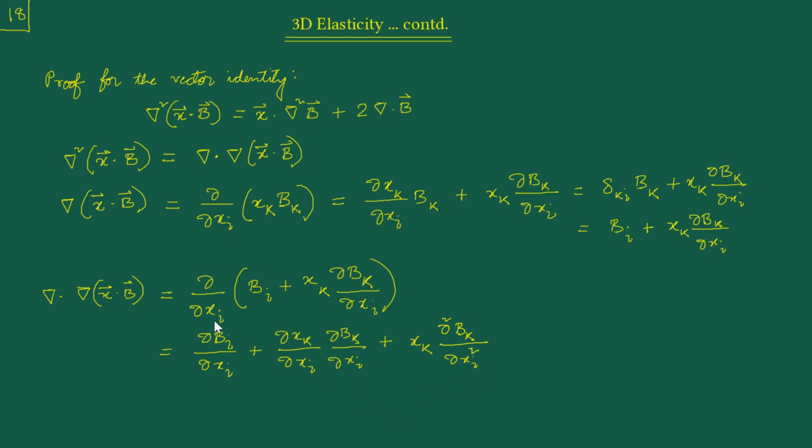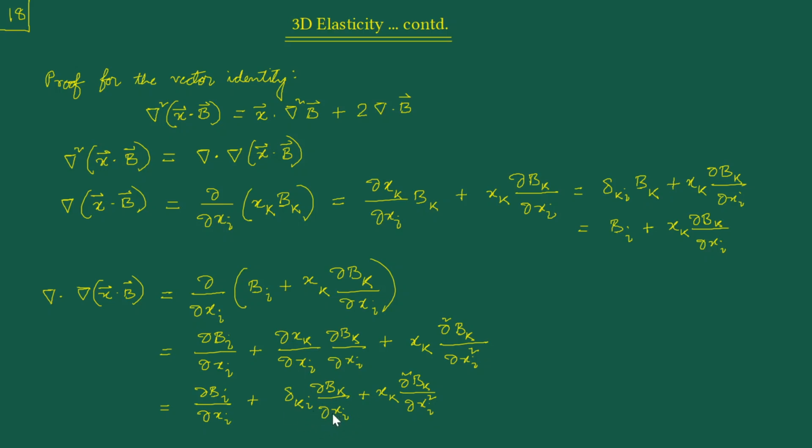Okay, so what I'm doing is I'm using this thing over this and using the chain rule to write this as two terms. Now this I'll keep as it is, del bi del xi. This one here is delta ki, that's the Kronecker delta ki, del bk del xi plus xk del square bk del xi square. So you see what's going on here.